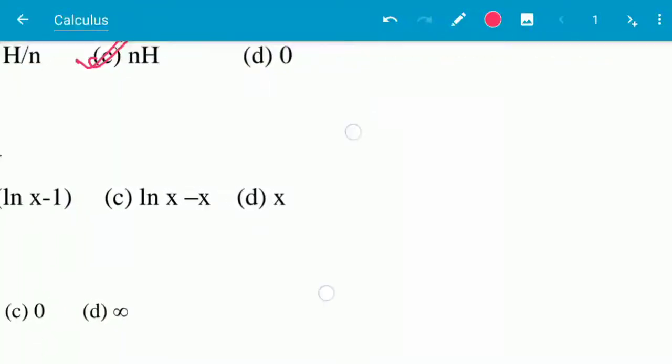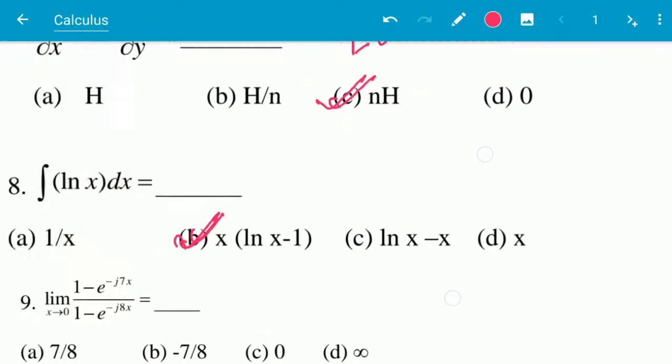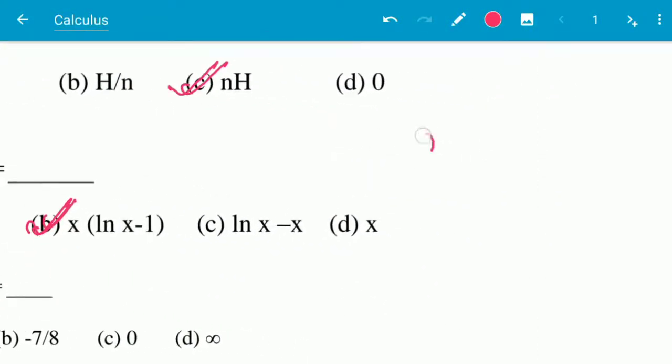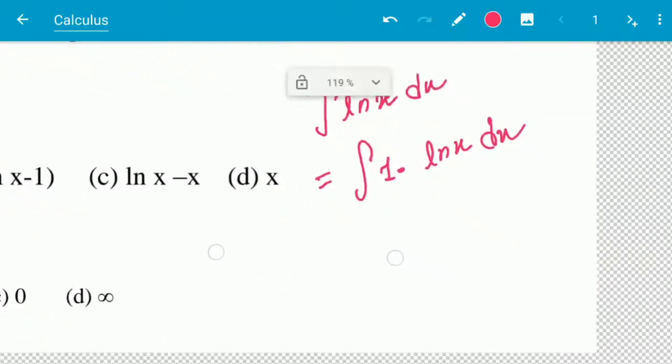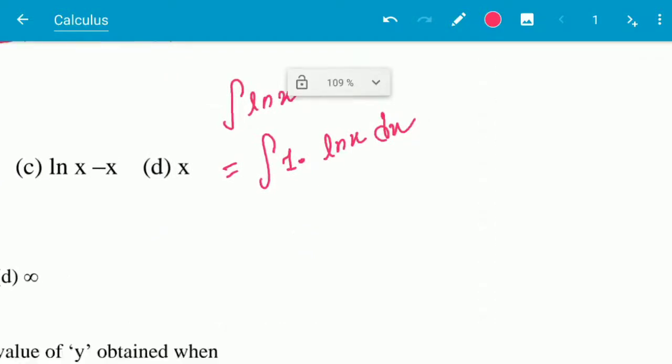We can write the integration of ln x dx as the integration of 1 into ln x dx. I have multiplied by 1 because the value will be the same, and here we can apply integration by parts.